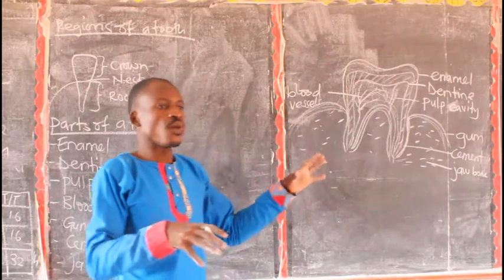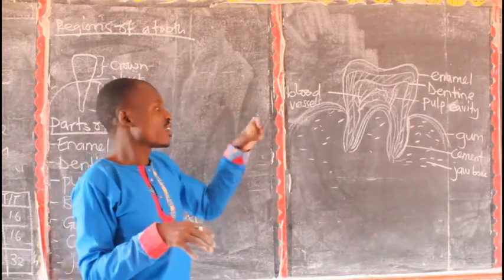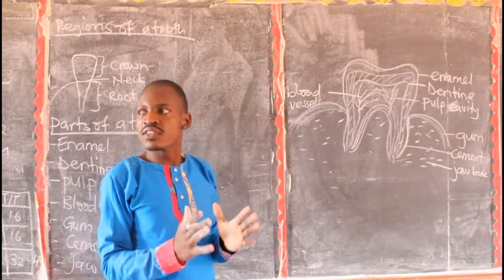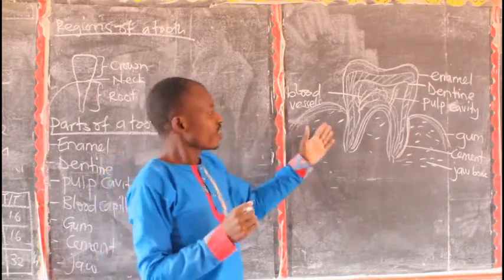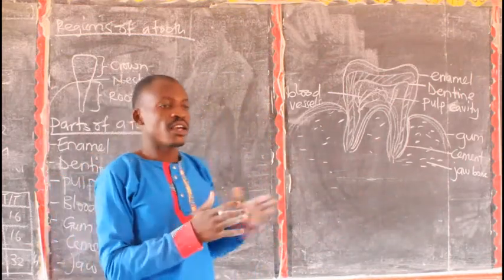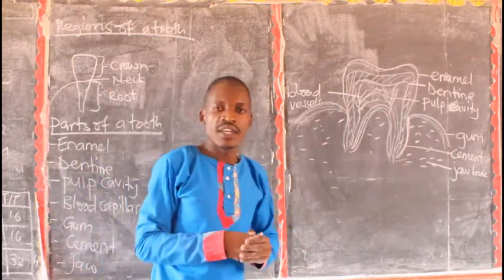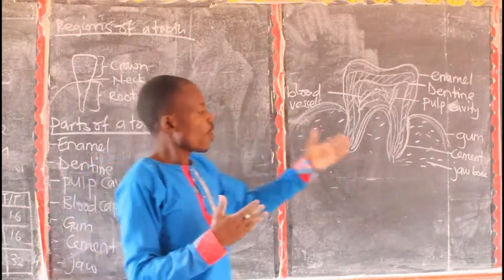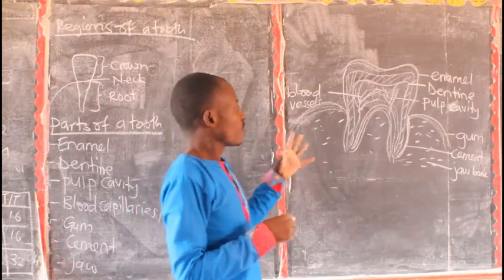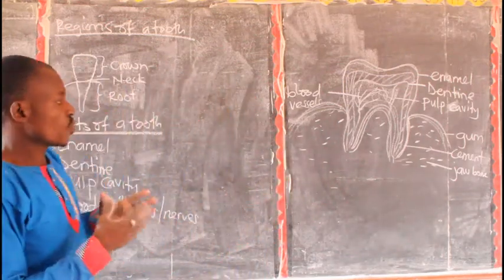Its work is to hold the tooth firmly into the jaw, to ensure that the tooth is fixed properly. Then we have the cement. The cement also fixes the tooth in the jawbone. Then the jawbone holds the tooth in position. So those are some of the parts of the tooth.